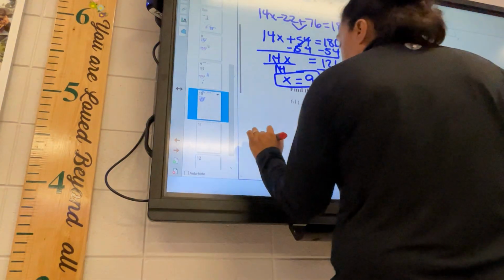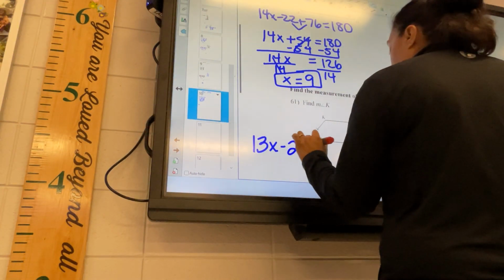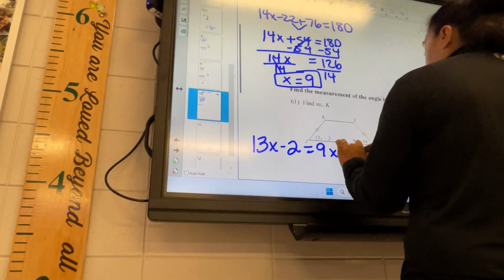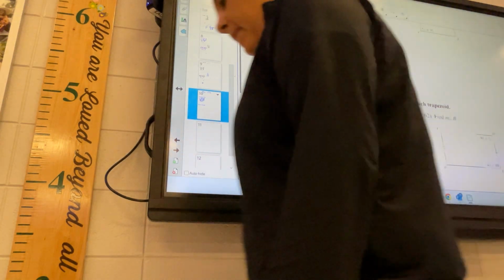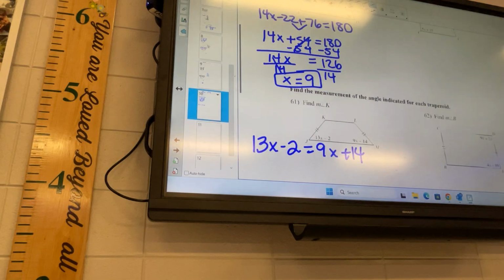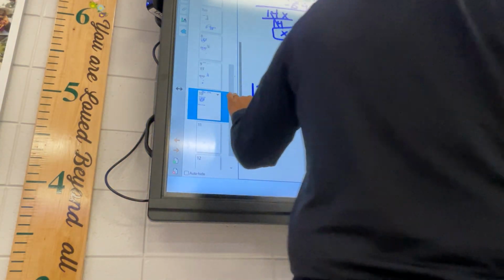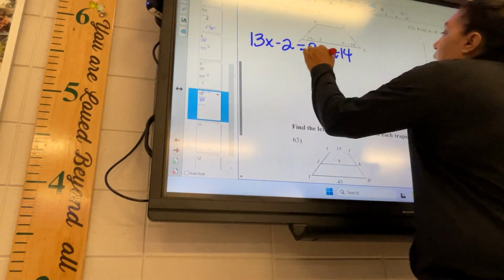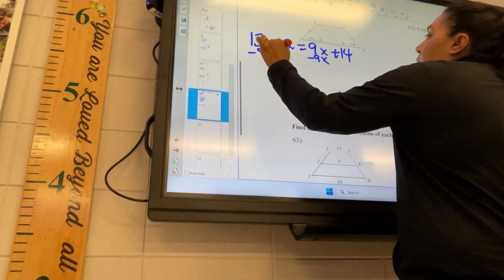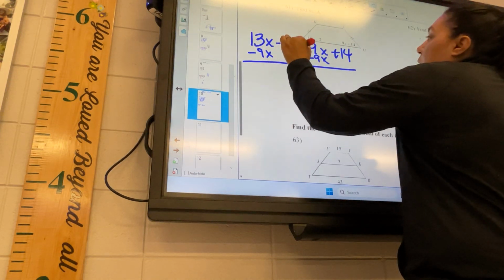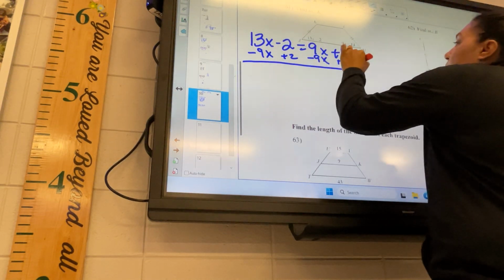Okay, so we got 13x minus 2 equals 9x plus 14. Again, we need to move our letters to the left and the numbers to the right. Who's getting moved? The 9x, I agree. Who else? The 2.